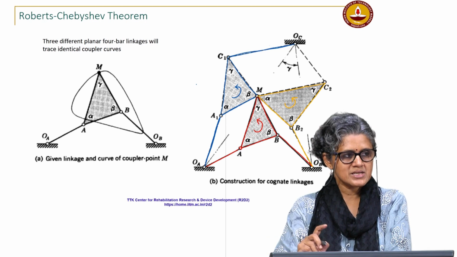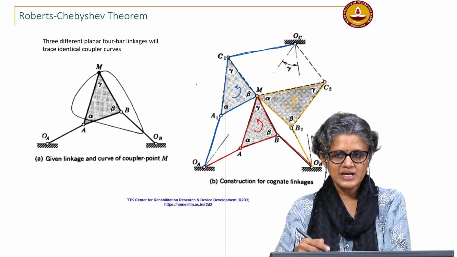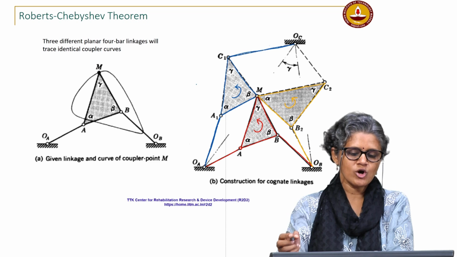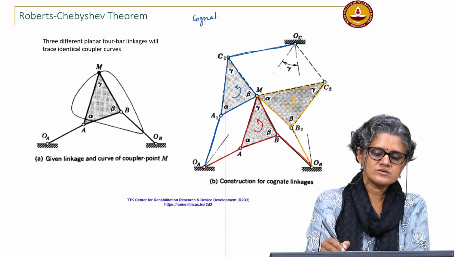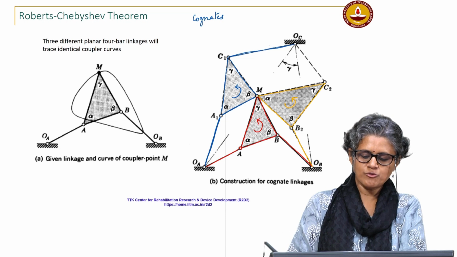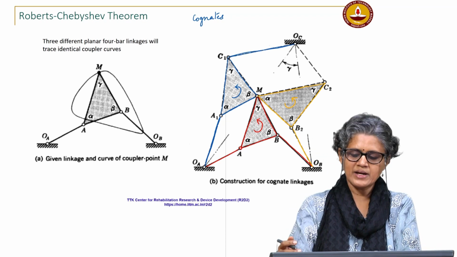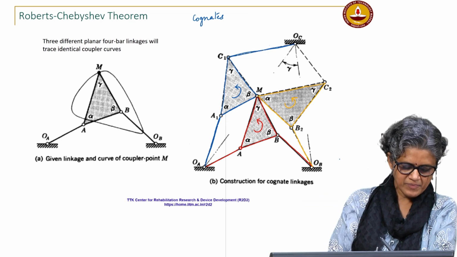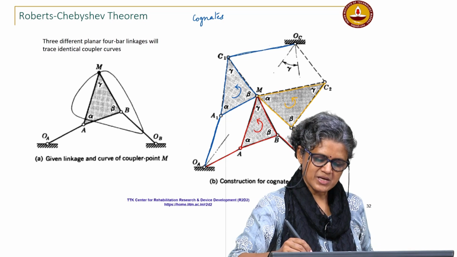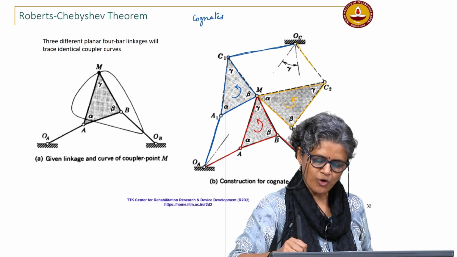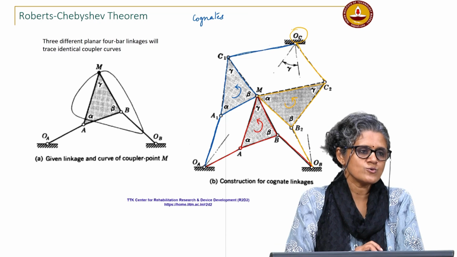The linkages that generate the same coupler curve are called cognates. So, for a particular 4 bar, here I call this the left cognate and the yellow one the right cognate. So, then this becomes parallel to this, and whatever point they intersect at is what I call my OC.